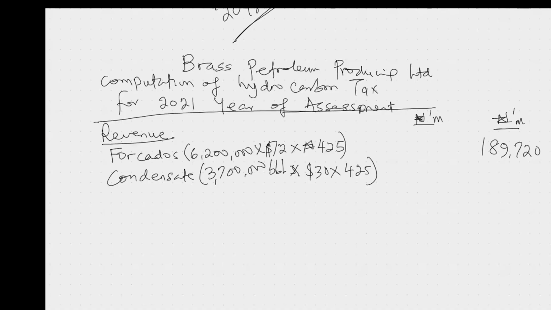Okay, the last one, gas. How many do we have? Multiply by the higher of the two. 35. Multiply by 2. What do you have?